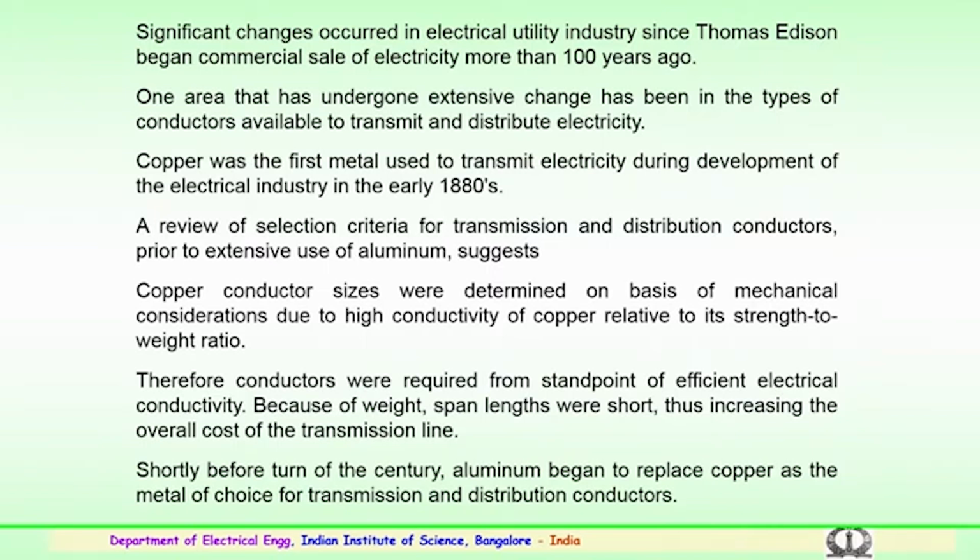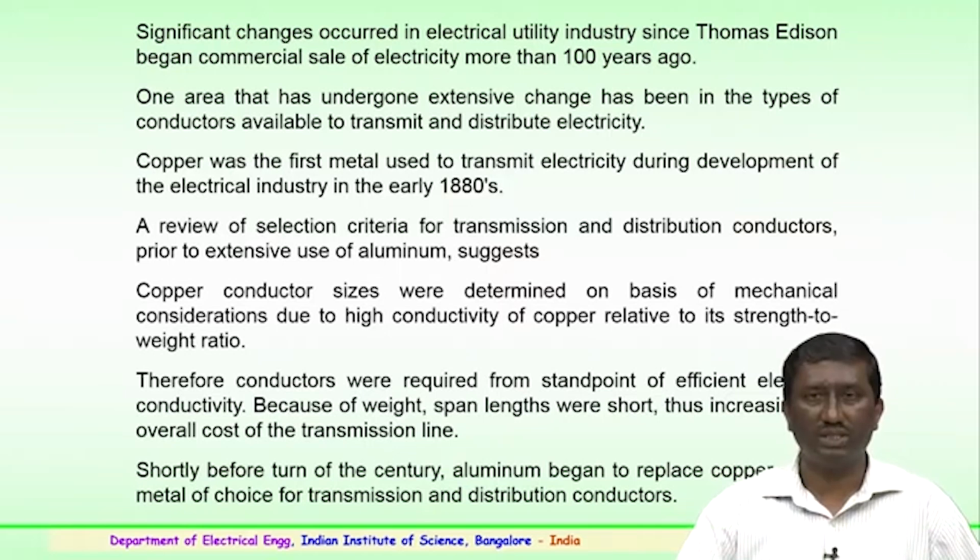One of the areas that has undergone extensive and rapid changes has been the types of conductors, particularly for the transmission and distribution of electricity. Initially copper was the first material used to transmit electricity, particularly during the development of the electrical industry in the late 1880s.